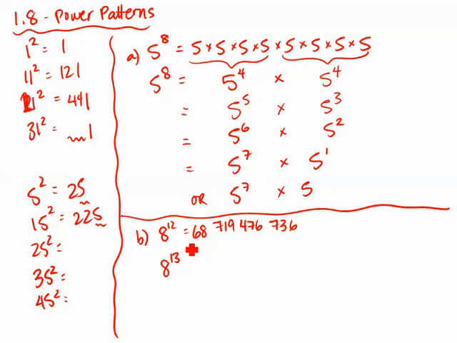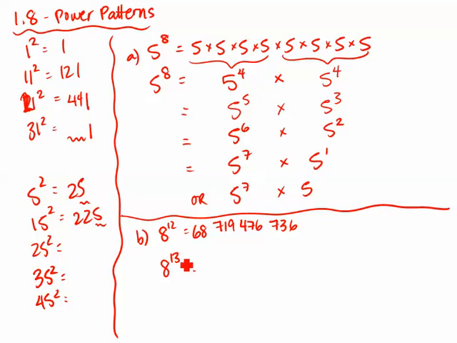Well, we know that 8 to the 12th is 8 shown 12 times, and 8 to the 13th would mean another 8 multiplied on to that 8 to the 12th. So remember, 8 to the 12th means these are 8s that are multiplied by itself, a total of 12 times that I see the number 8.